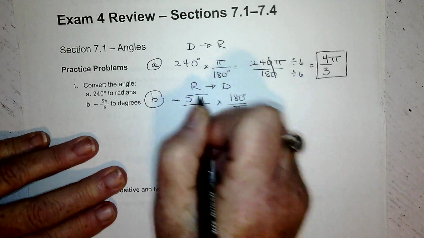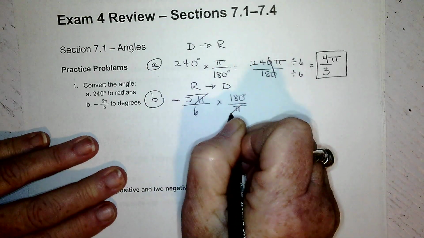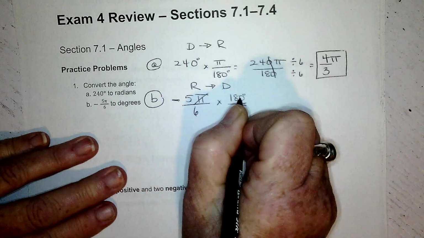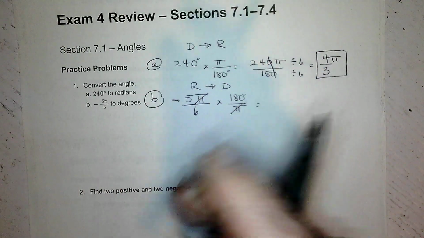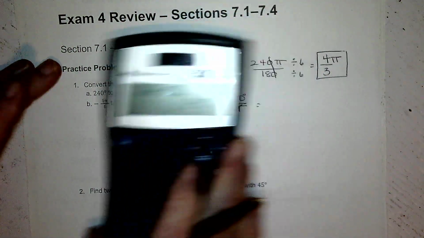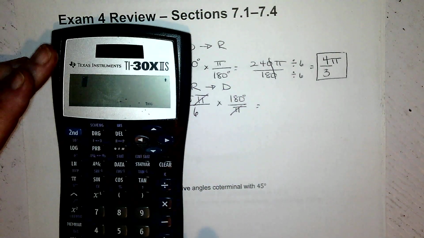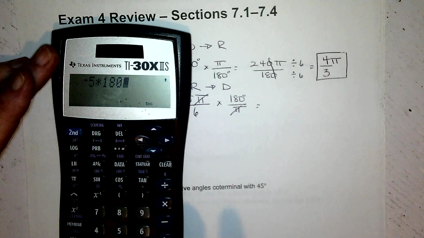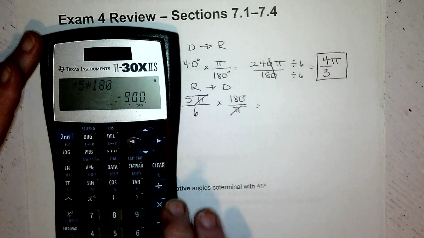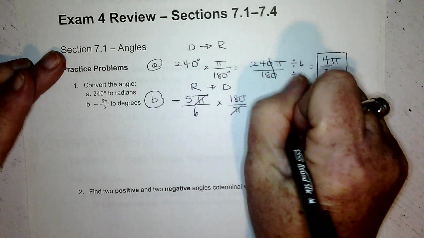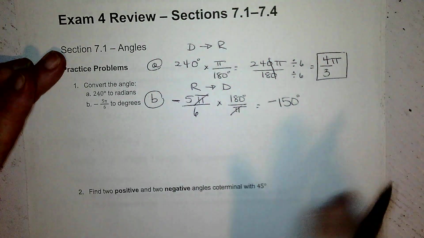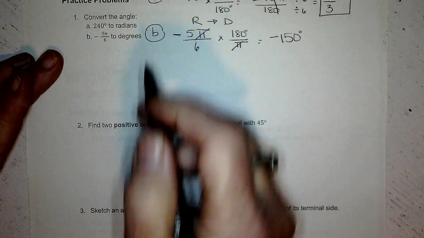Now, it means the same thing because this goes away, and now you've got negative 5 times 180 over 6. So negative 5 times 180, I'm just going to whip out my calculator here. Negative 5 times 180, that's negative 900 divided by 6 is negative 150 degrees. Please make sure and represent your degree symbol to show that.